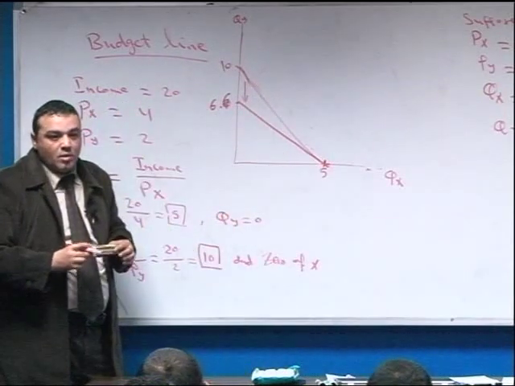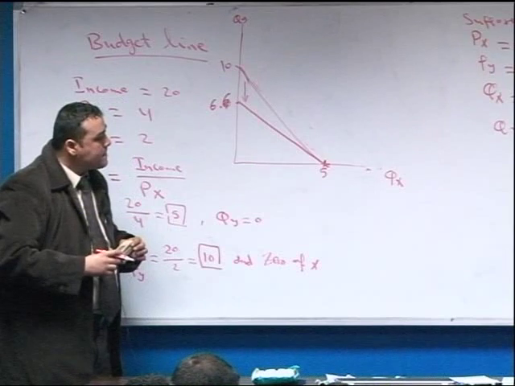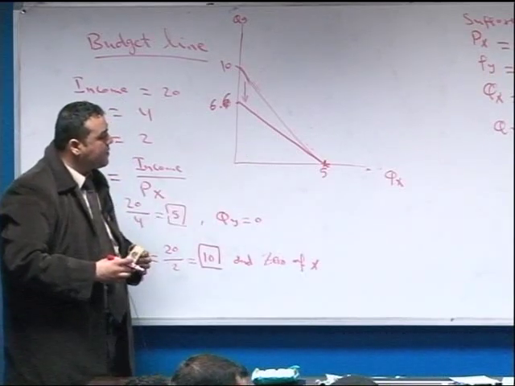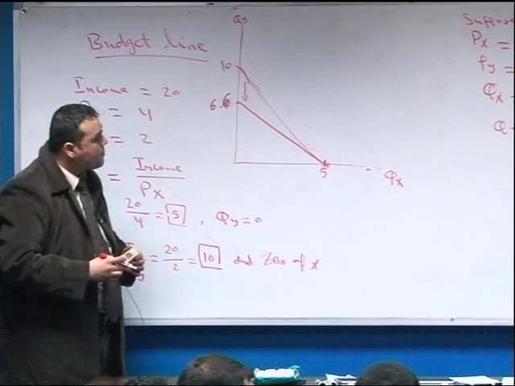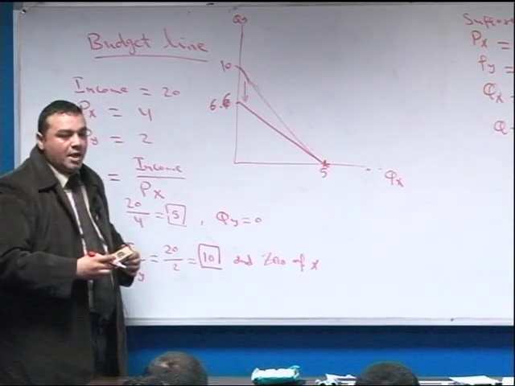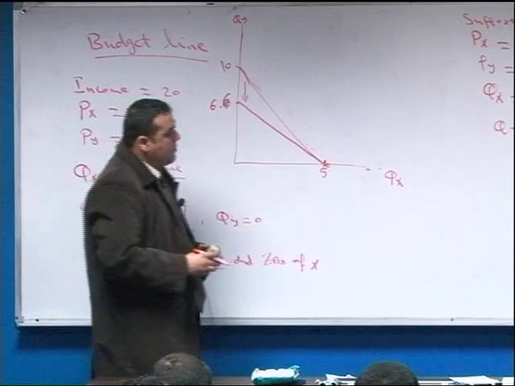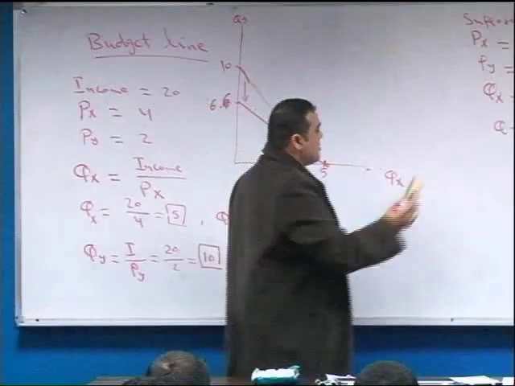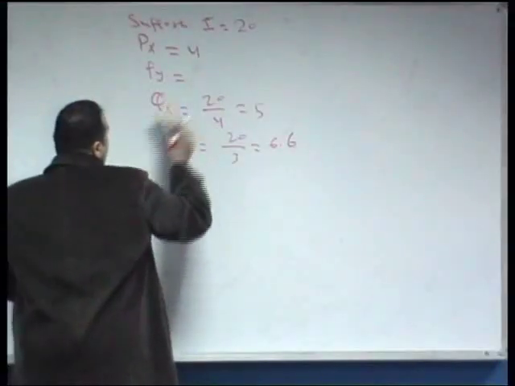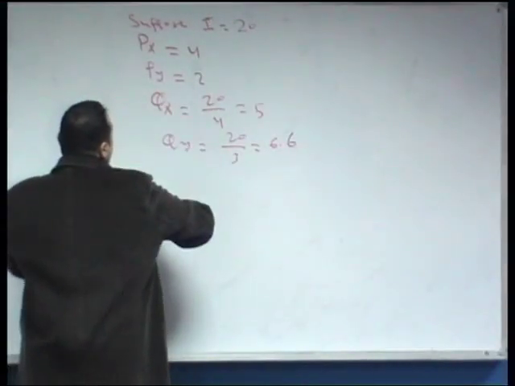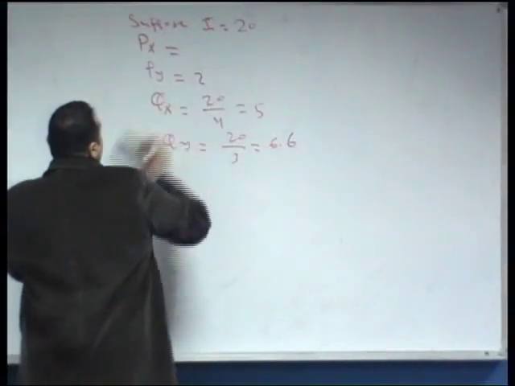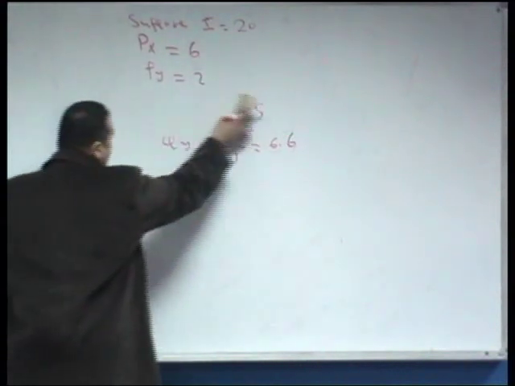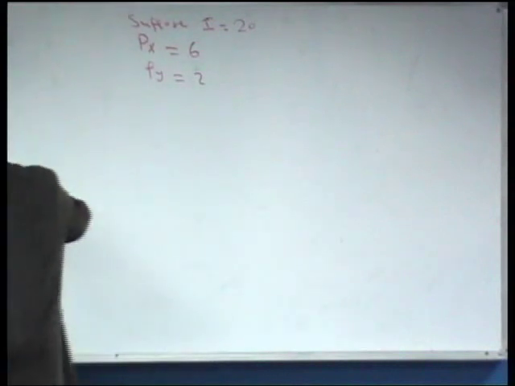Right? Suppose that the price of x increased and the price of y remains constant and income remains constant as well. So suppose the price of y is 2, and the price of x increased to 6. What about the new quantity of x and the new quantity of y?